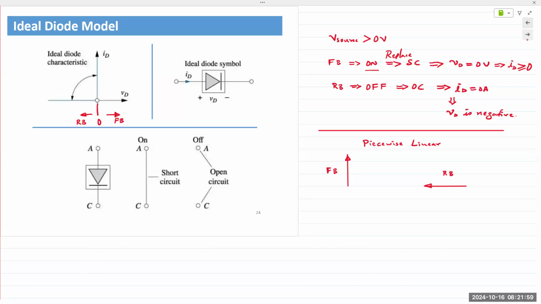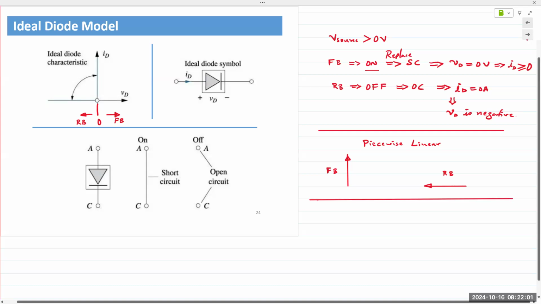If the diode is connected in the forward bias, we can replace it with a short circuit. That's the diode. We are saying the diode is on, D on. And if it's on, it is conducting current.